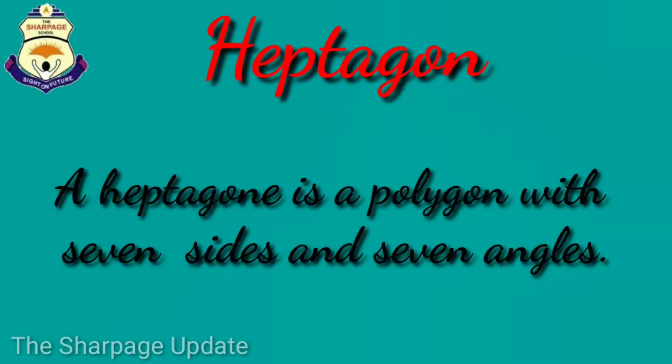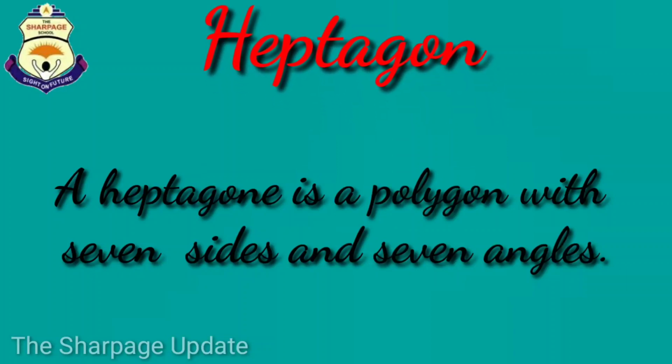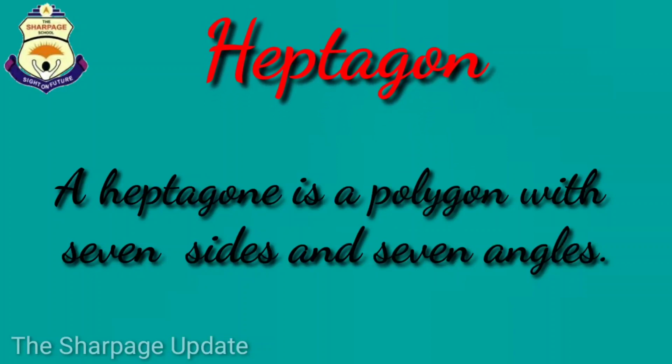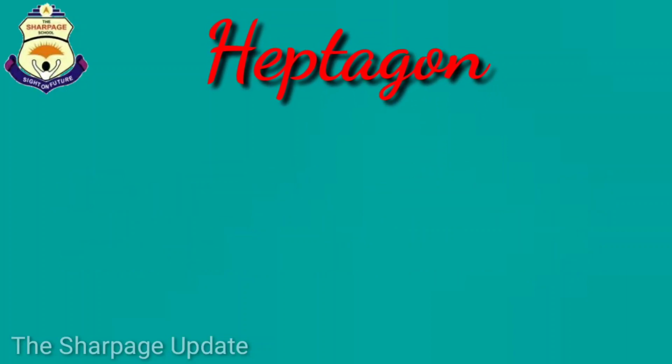A heptagon is a polygon with 7 sides and 7 angles. Sometimes the heptagon is also called septagon.